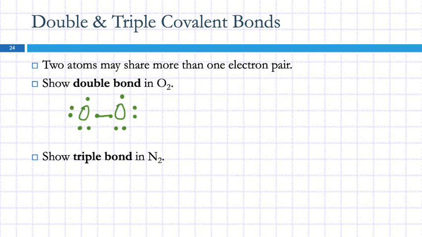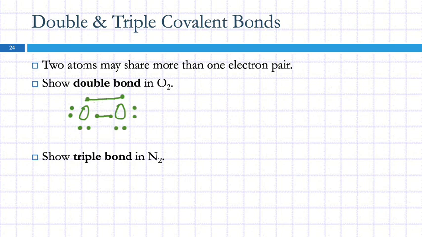So that's better than 6, but we're not going to just settle for good enough. We're going to go all the way for 8. So what if we do some more sharing? Let's share another pair of electrons. And now we have 4 electrons that are shared, 2 pairs, 2, 4, 6, 8, 2, 4, 6, 8.